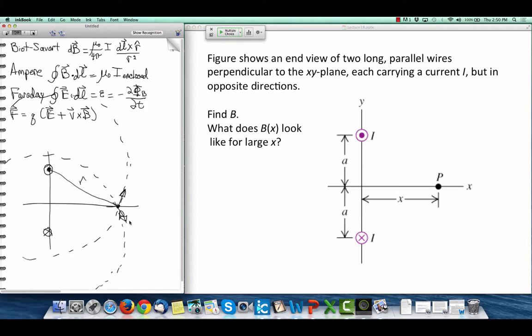And so these two fields will partially cancel each other. They're both, one's to the right and up, one's to the right and down. The up and down parts will cancel, and you end up with something that points to the right at this point.